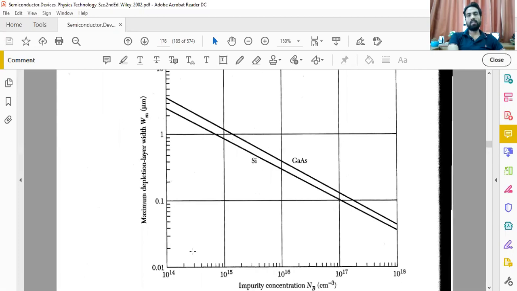That graph indicates that if you increase the carrier concentration, the depletion layer width will keep on decreasing. That's a very common and known phenomenon. Nothing new I'm telling you here.